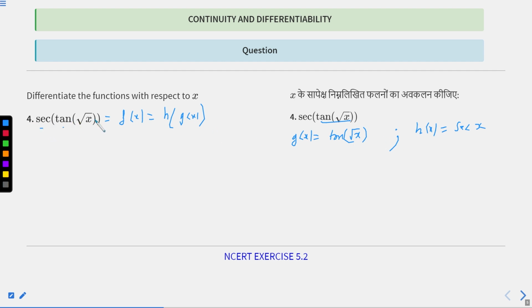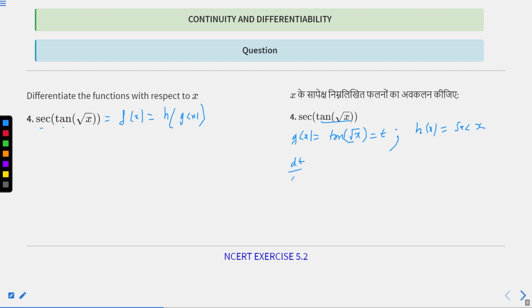Now one thing is very clear: you cannot directly find the derivative of this as we wanted. What if this is t?